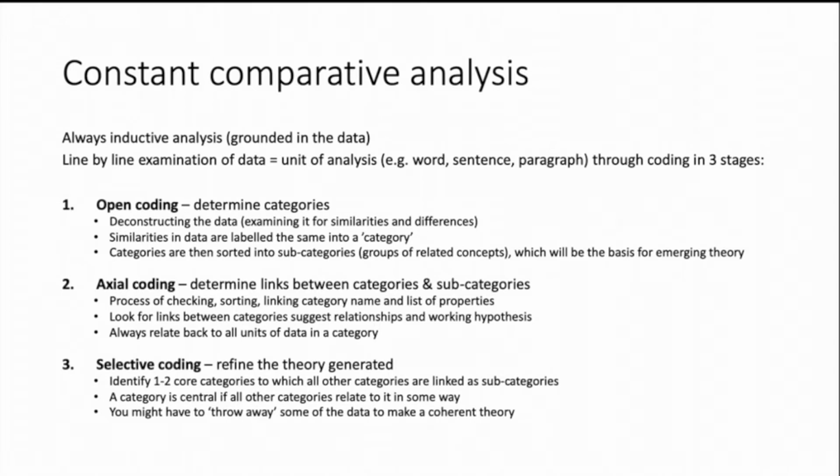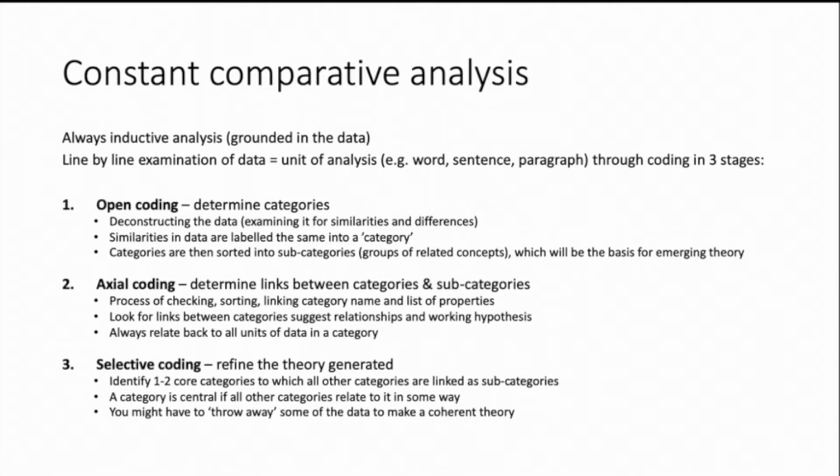So, constant comparative analysis was originally developed by Strauss in the late 80s, and it was developed to be used as part of grounded theory, which is developed by Glaser and Strauss. But as time went on, it was clear that constant comparative analysis offers a more structured approach to the analysis, which is especially useful for novice researchers, whereas grounded theory is less structured in the way that it is applied when it comes to analysing data.